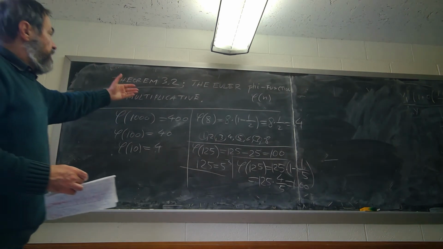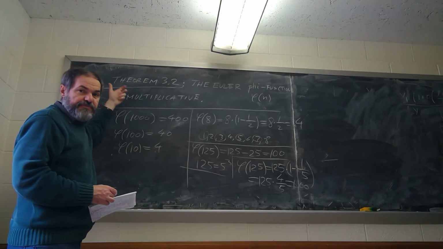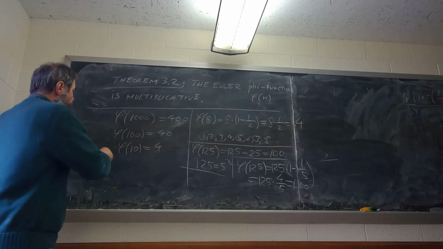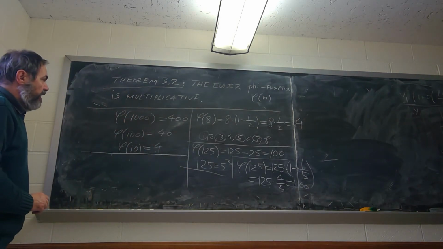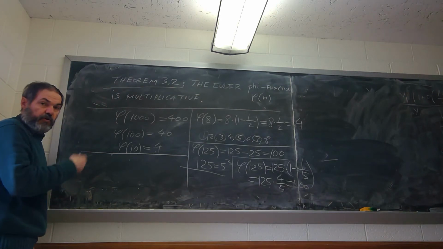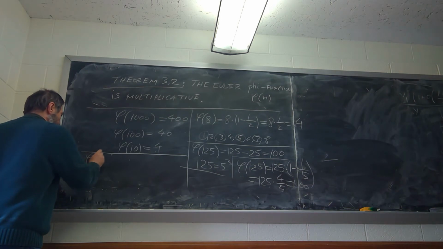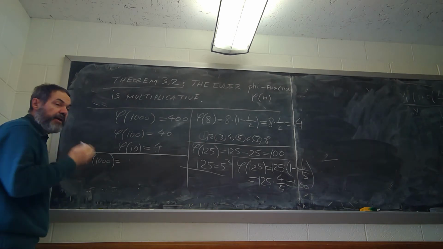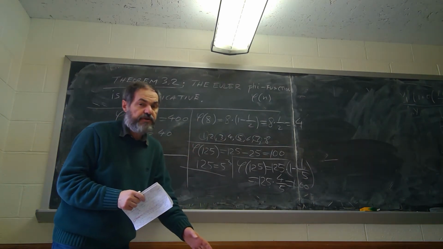Now, as an example of using this theorem, I can compute Euler function at 1,000 by writing 1,000 as a product of two numbers that are relatively prime.